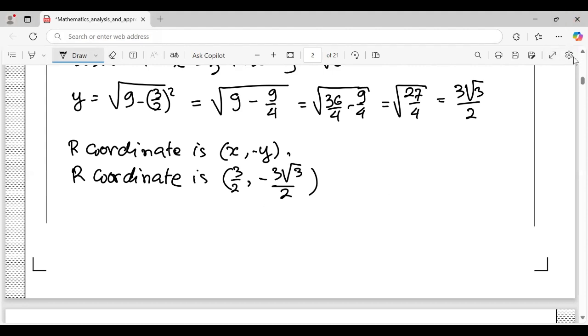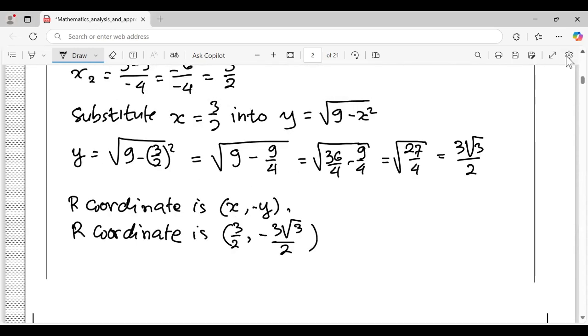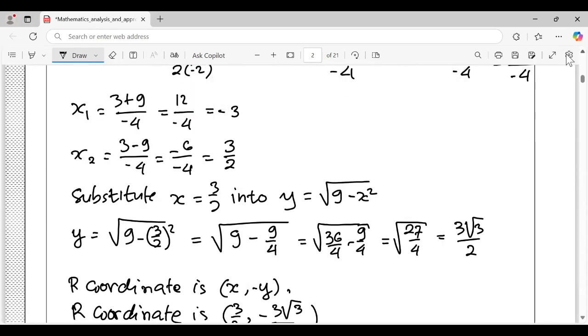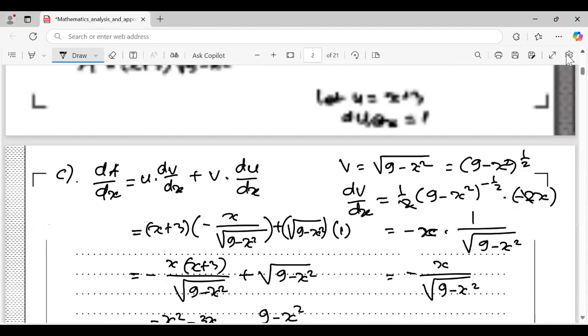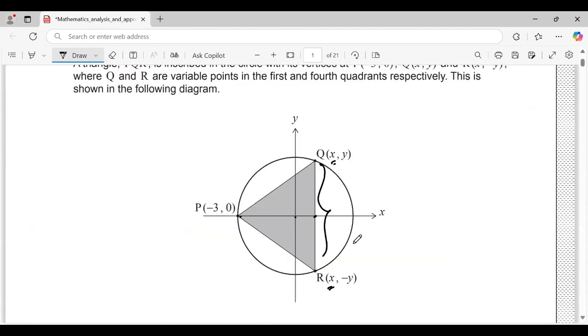I take 3 half because if minus 3, the x1 is minus 3. If you look at this diagram, the value of x is positive here. This is x negative 3, this one. But for this one, x is positive.